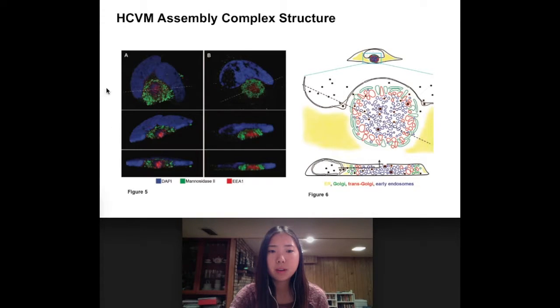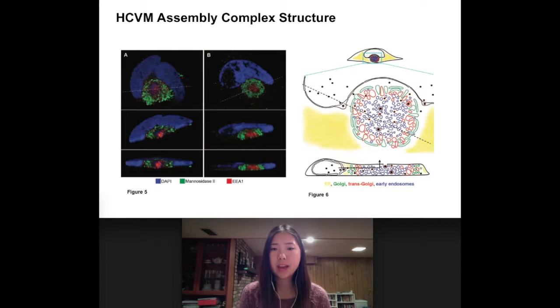And so these bottom photos here are cross-sections of the top image, and you can see where they cut with this dotted line here. And the really interesting thing about these photos is that we can see how the organelles are nested in each other here. We have the DNA surrounding the Golgi, which then surrounds these early endosomes.